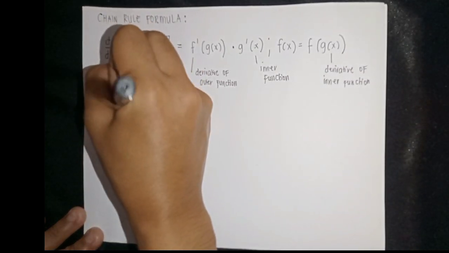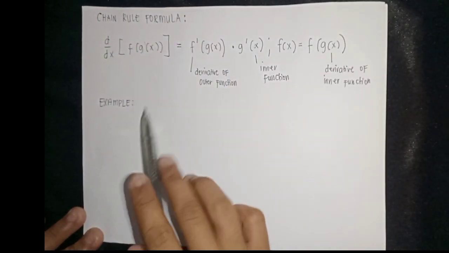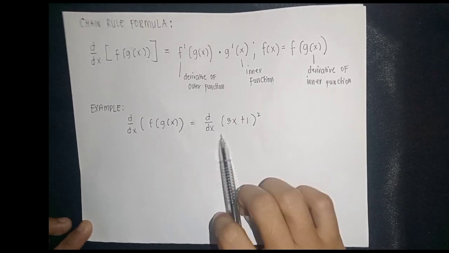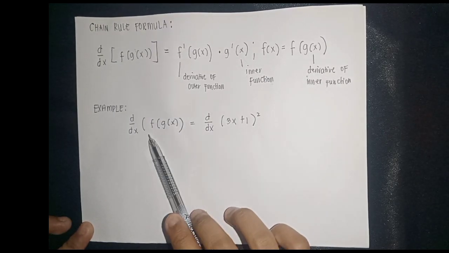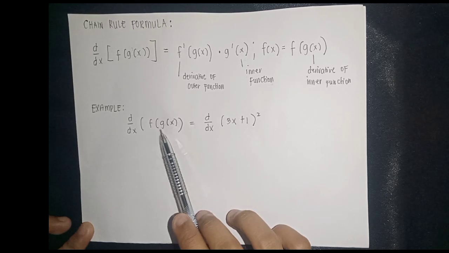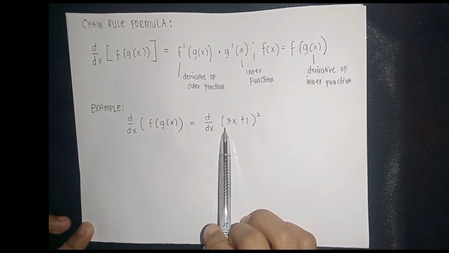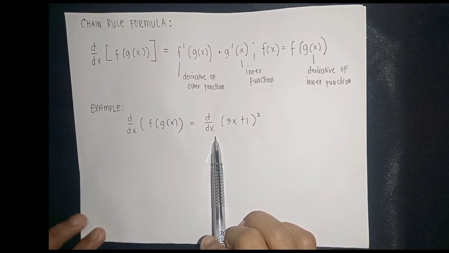Here we will now have our example. We are going to use the chain rule formula. The derivative of f of g of x with respect to x is equal to the derivative of 3x plus 1, squared, with respect to x.